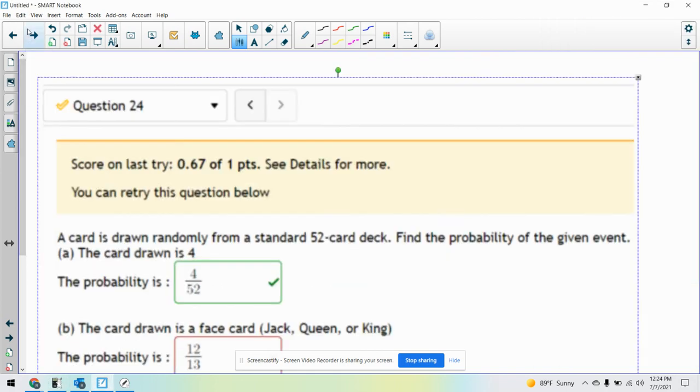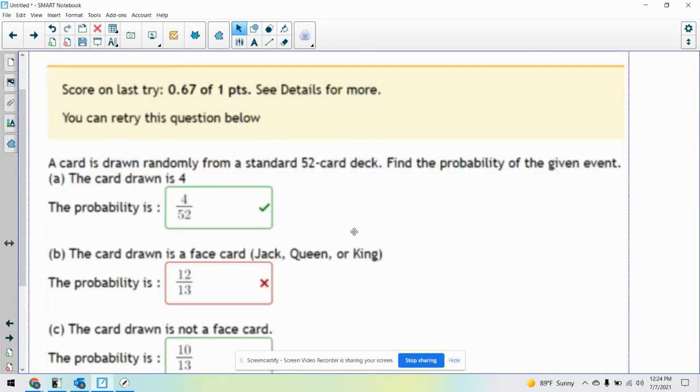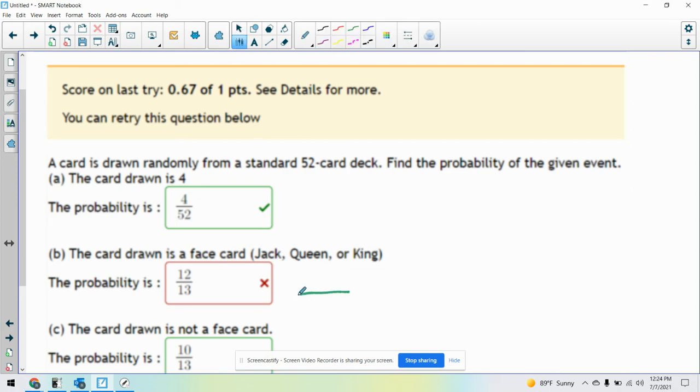And the last one. It says a card is drawn randomly from a deck of 52 cards. Find the probability of the given event. The card is a face card. So out of 52 cards, how many are face cards? Well, you have the jack, queen, and king of each suit.